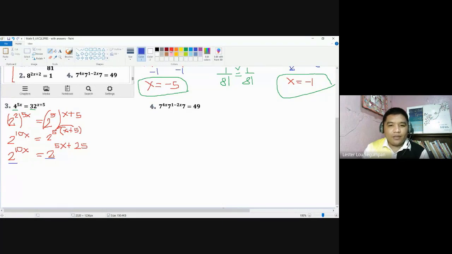And then you will have here 10x just equal to 5x plus 25. To solve, subtract 5x from both sides. You will get 5x is equal to 25. And then divide 5 both sides, your x should be equal to 5. Okay?